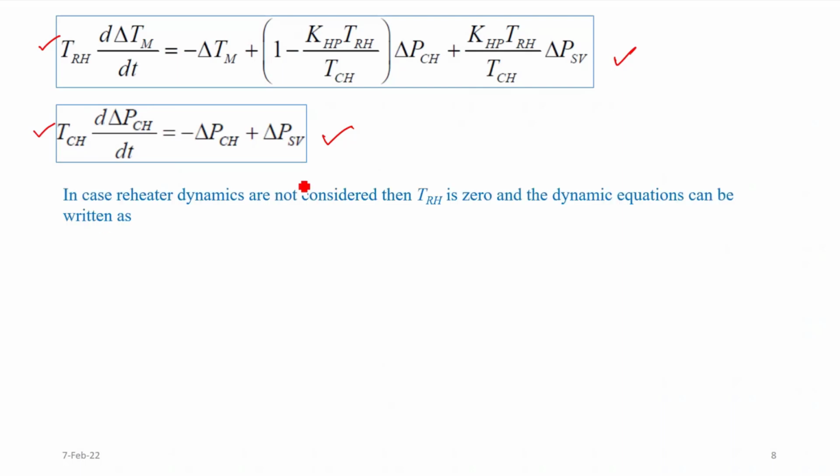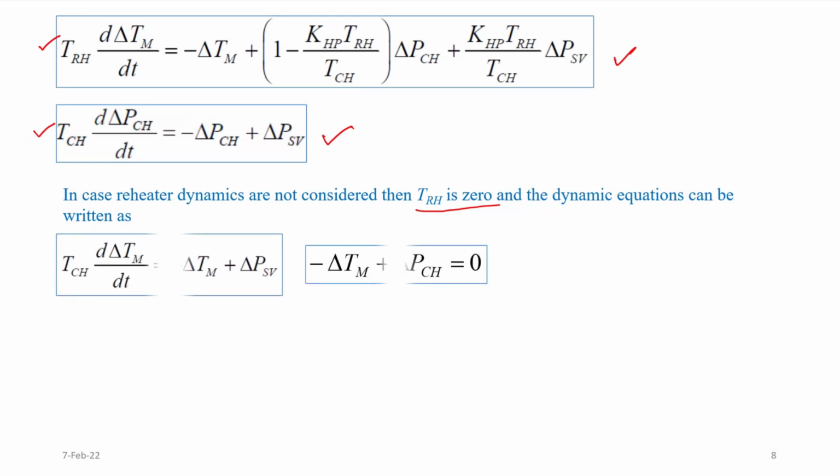In case the reheater dynamics are not considered, I can write T_RH equal to 0, and the dynamic equation can be written accordingly. When I substitute T_RH equal to 0, this term becomes 0, this term becomes 0, and only delta P_CH will remain.